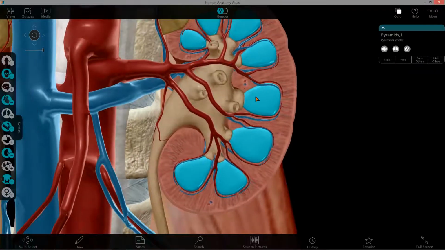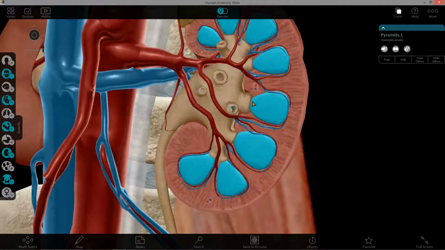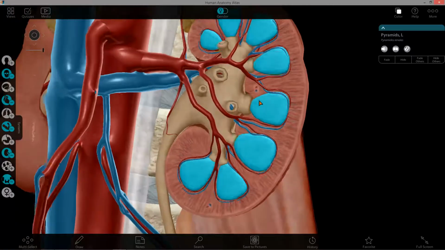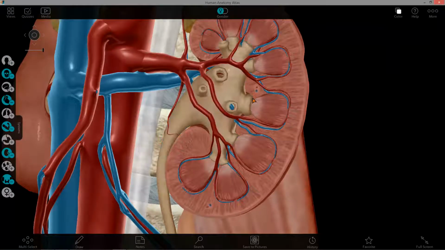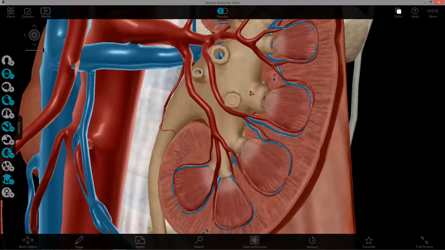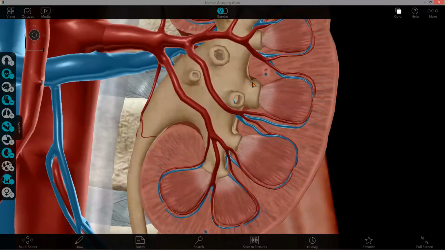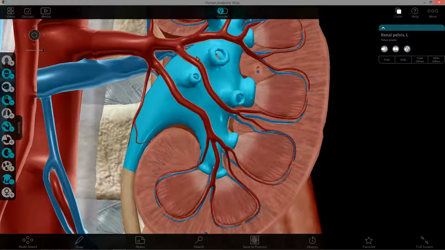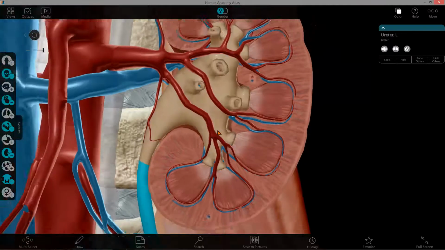Now, the pyramids empty into the renal papillae, which are these areas here at the base of each pyramid, and allow for draining of the pyramids. From there, these renal papillae right here empty into minor calyxes, which are seen right here, which then empty into the greater calyx, which is basically the majority of the renal pelvis before it empties into the ureter.